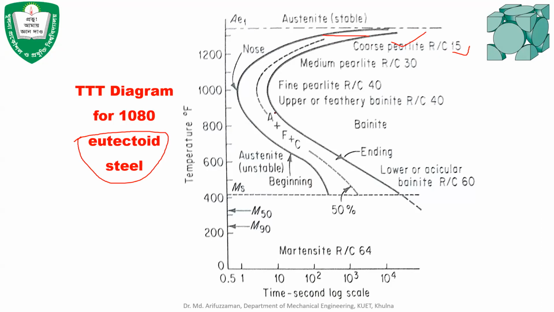And as you drop the temperature of transformation, you get medium perlite, fine perlite, but hardness is increasing. Okay, upper or feathery bainite, lower or acicular bainite, which is 60, and at some point you get 100% martensite, which has high hardness. Okay.